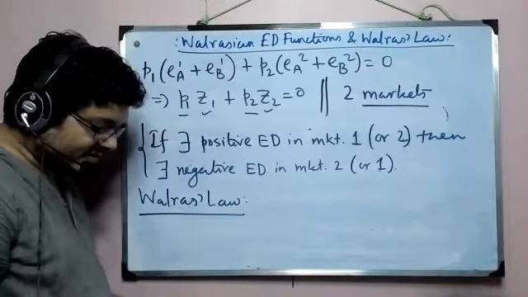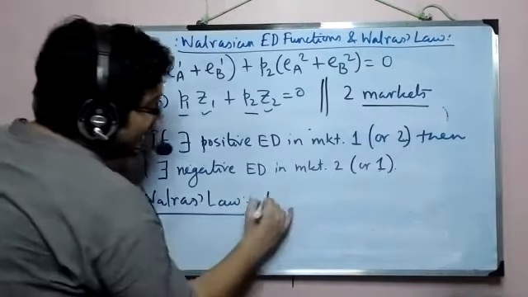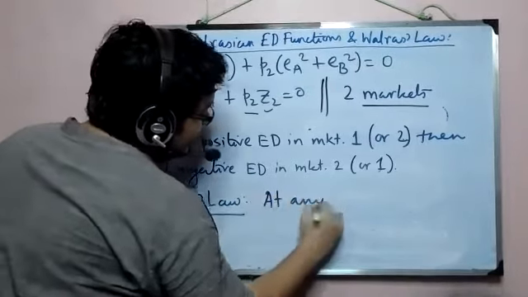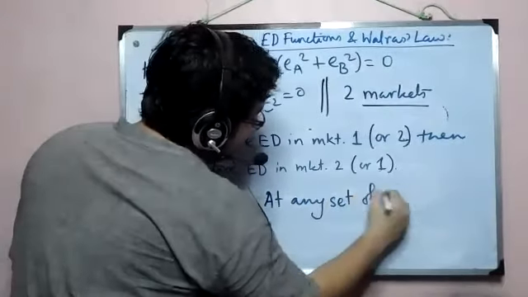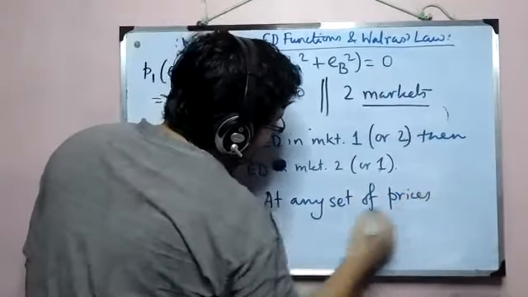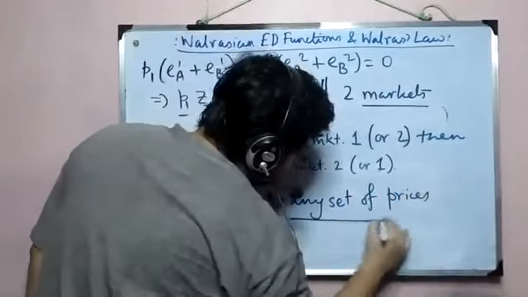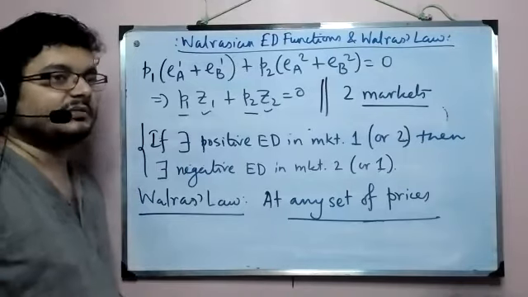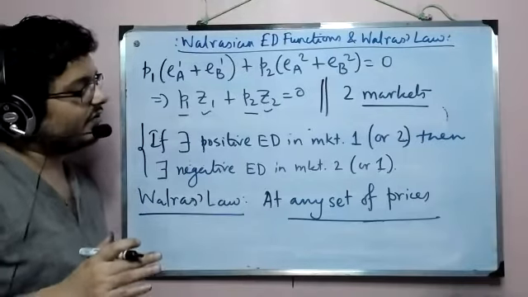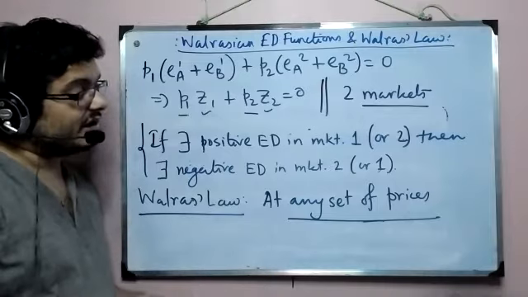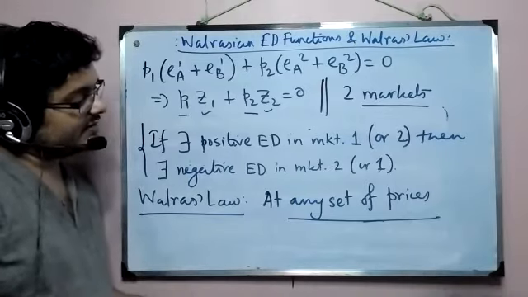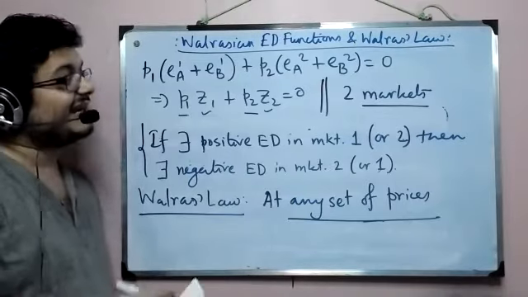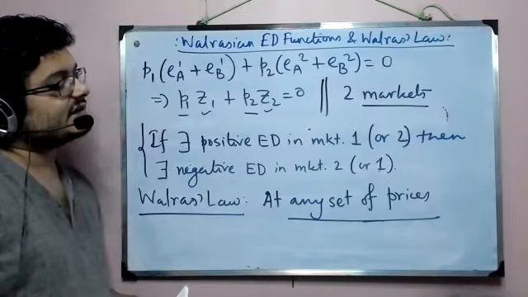What Walras law says is that at any set of prices, and this is the most important phrase, any set of prices. Okay, so Walras law is not made for equilibrium set of prices. Obviously in equilibrium it will hold, but it will hold for any set of prices. Why? Because this law talks about excess demand in aggregate sense. In aggregate sense, in what?